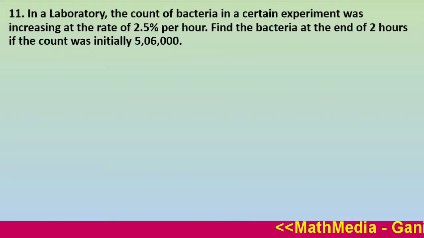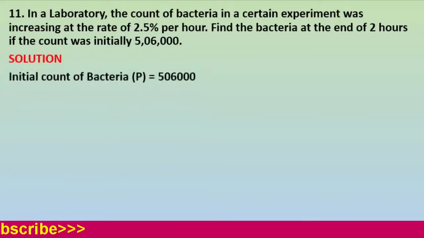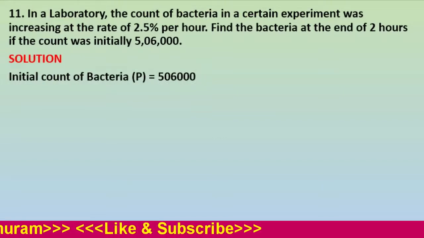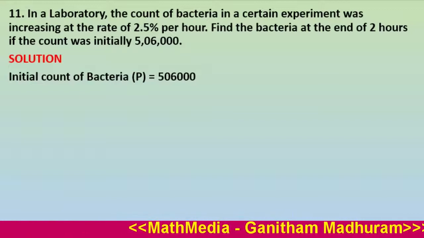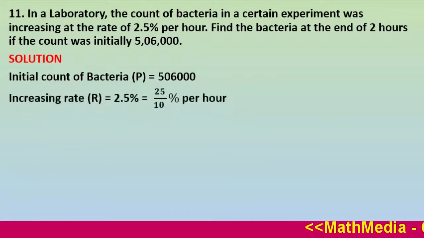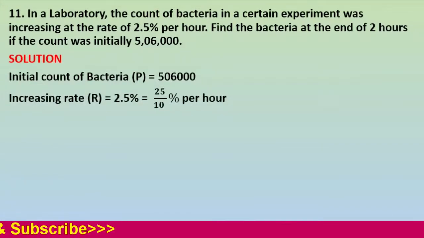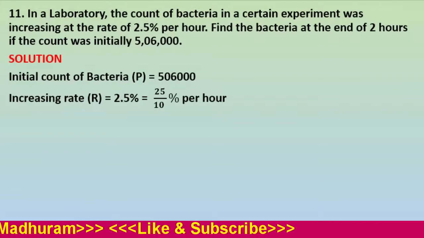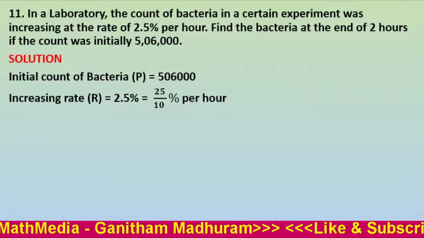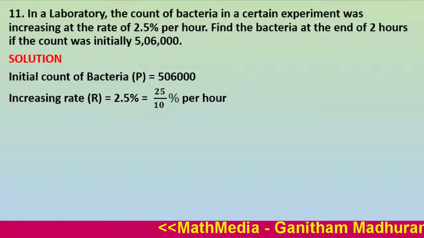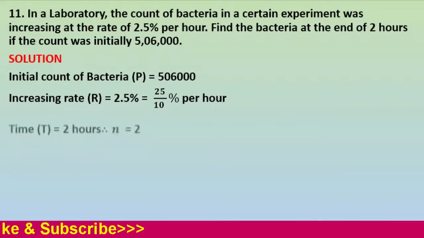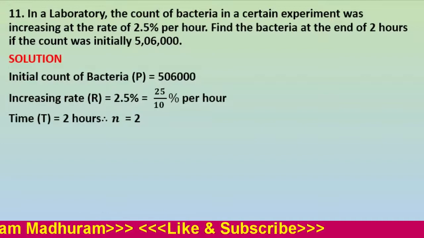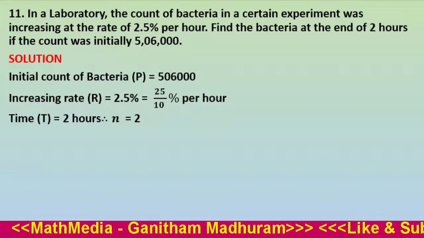So we can see the initial count of bacteria is taken as P, that is 5,06,000. Increasing rate is taken as R, 2.5%, that can be written as 25 upon 10% per hour. Time is taken as 2 hours, therefore n equal to 2.